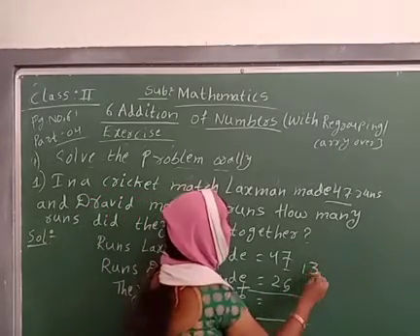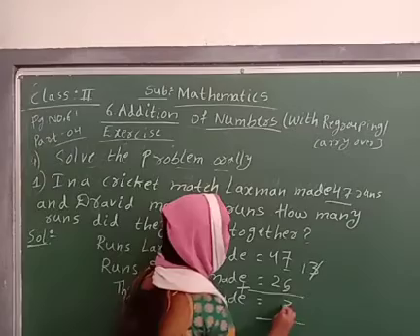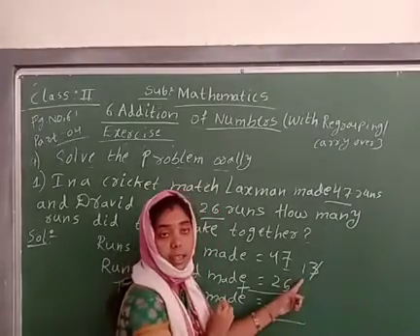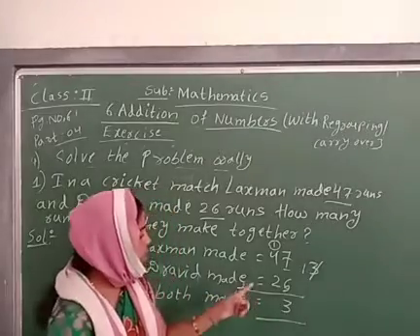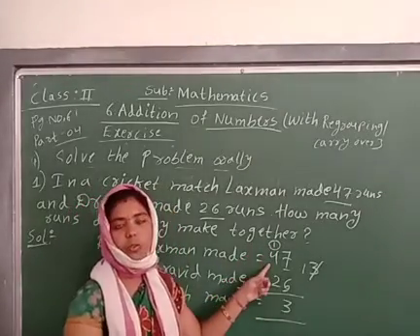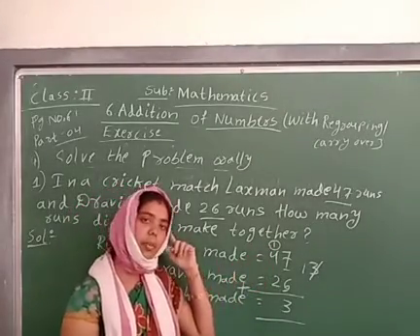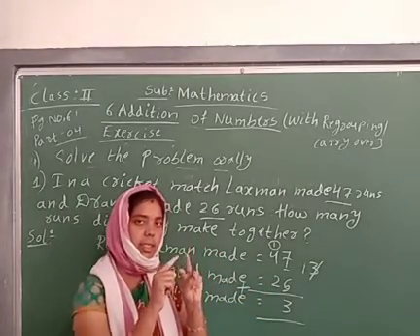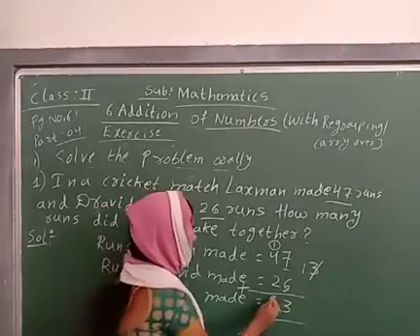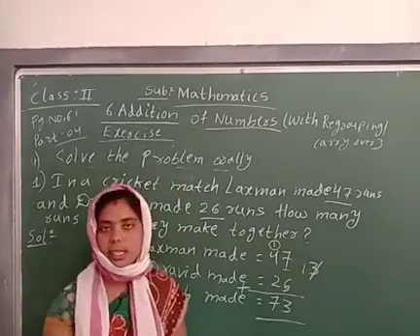So 13 means write 3 in the ones place, and carry 1 to the tens place. 1 plus 4 is 5. Keep 5 in your mind, add 2: 6, 7. 73. Do you understand, children?